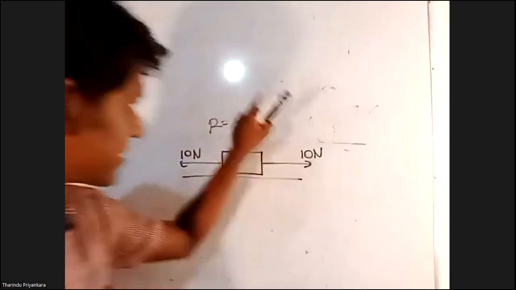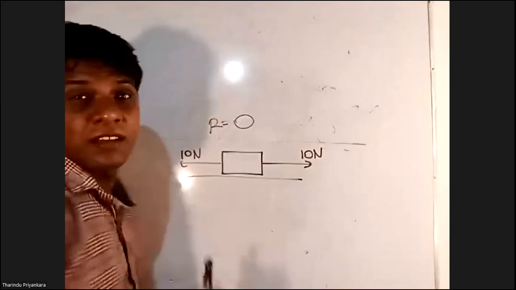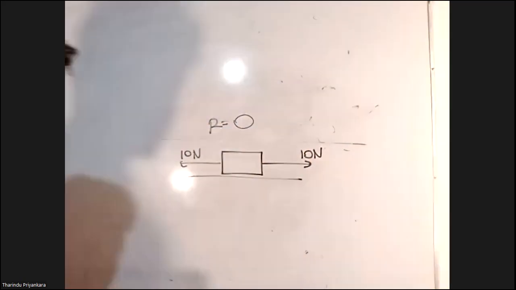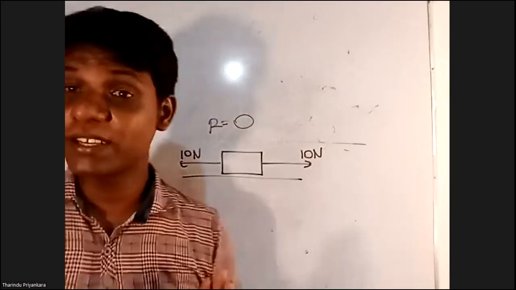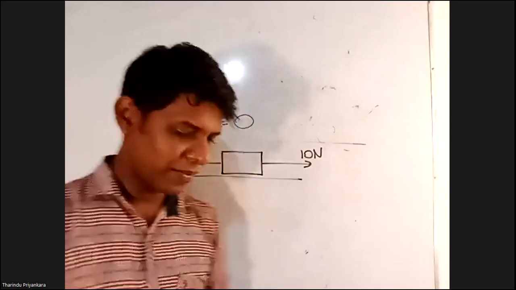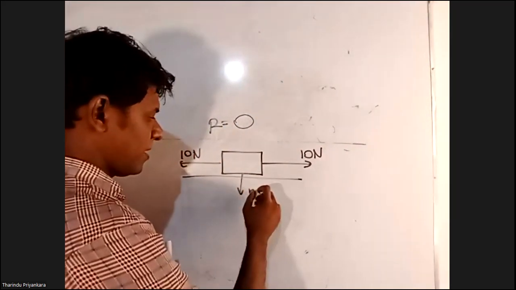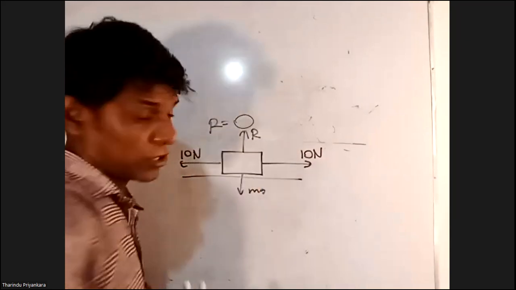So the object behaves according to Newton's first law of motion. Why? The reason is that all the forces along the horizontal direction are balanced, and the vertical forces are the same way. Mg is balanced by the reaction force.